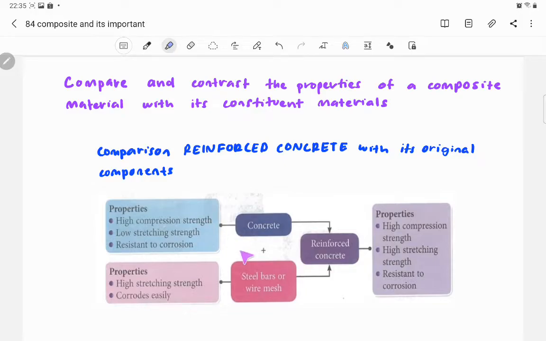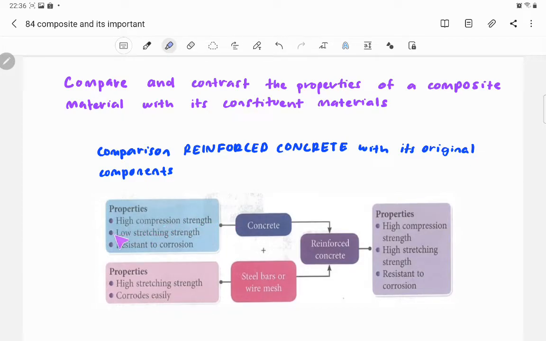So as you know, concrete can withstand high compressing strength, as you can see in its properties. But, unfortunately, it will break if subjected to high stretching force. Itu untuk concrete kan. Dia tak ada stretching strength.